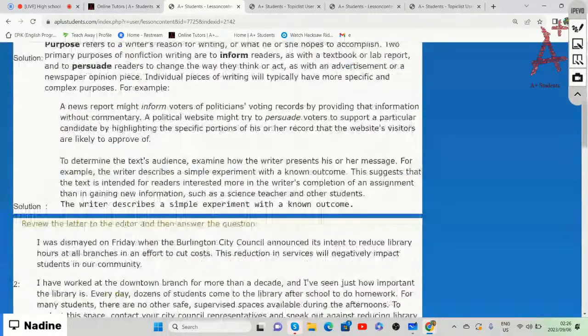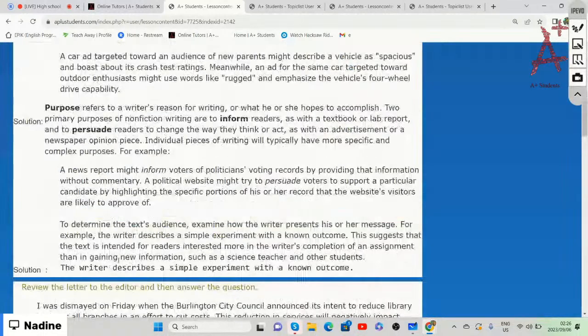The text is intended for readers who are more interested in the writer's completion of the assignment, as well as if they want to gain new information. And that is specifically if the student needs to research anything to do with experiments or science, or the teacher who needs to deliver that information.